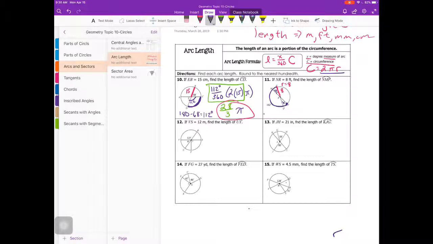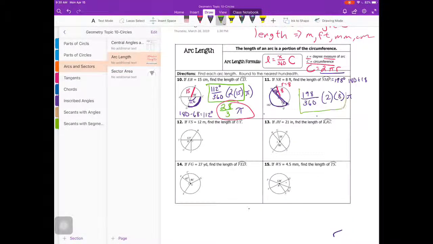So that means that our arc measure is 198 degrees, because we have 180, that's our semicircle, plus this extra right here, which is 18. So 180 plus 18. Then we're going to do 198 out of 360 times 2 times our radius times pi.